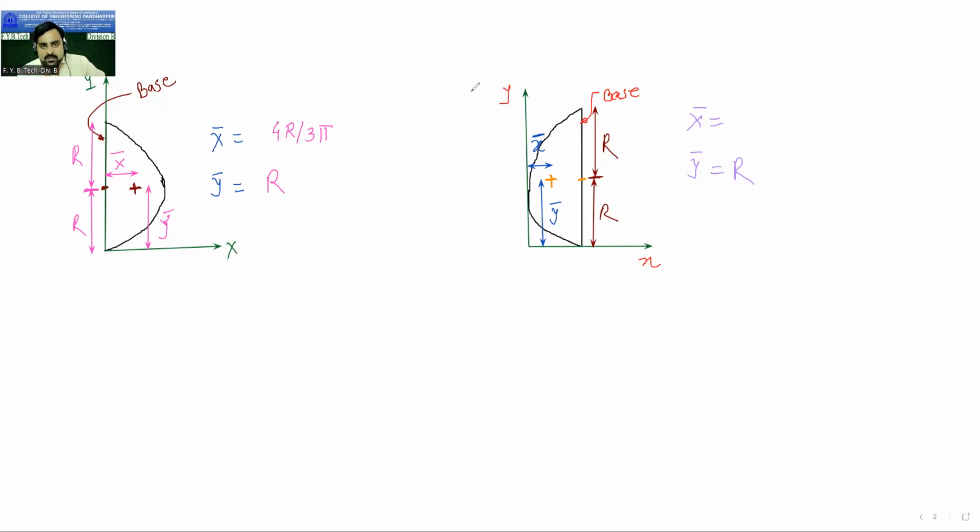So from the base up to the centroid, this distance is 4r upon 3 pi. If I show you, this is the line. This is 4r upon 3 pi.